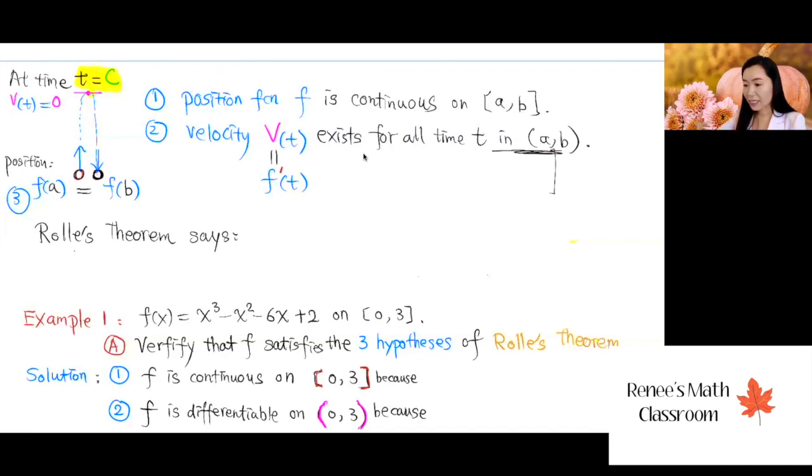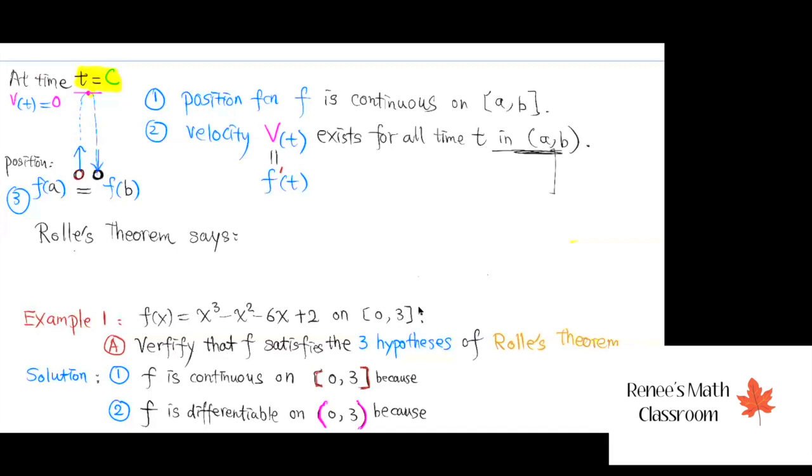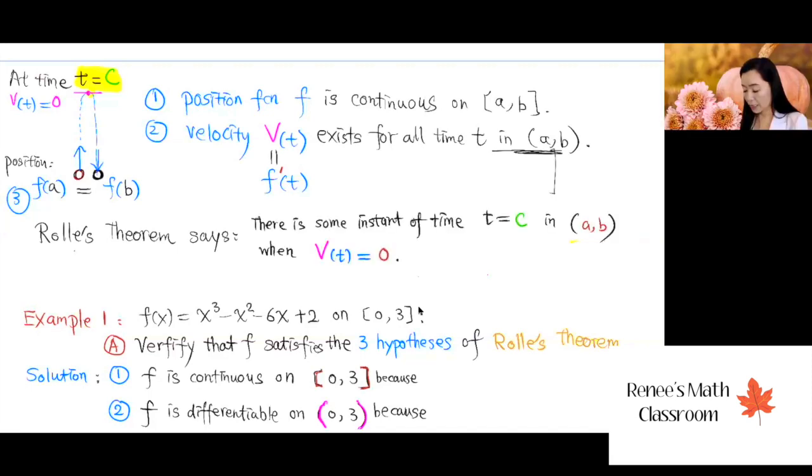So Rolle's theorem says that there is at least some instant of time where the derivative of the position function will equal 0, which means the velocity equals 0. Let me write it down for you. So Rolle's theorem says that there is some instant of time t equal to c, c in this open interval (a, b), such that the derivative of the function f, which is the velocity, will be equal to 0.